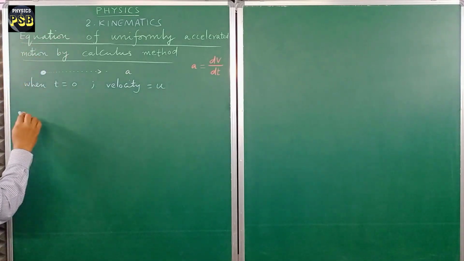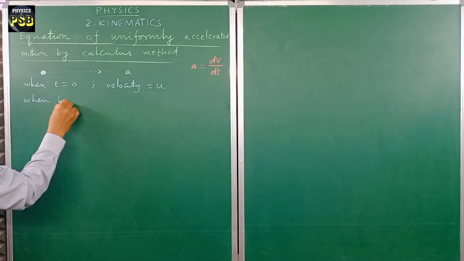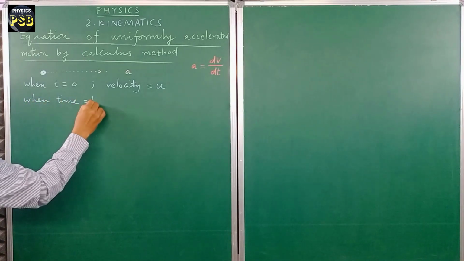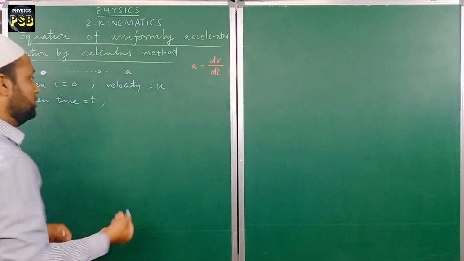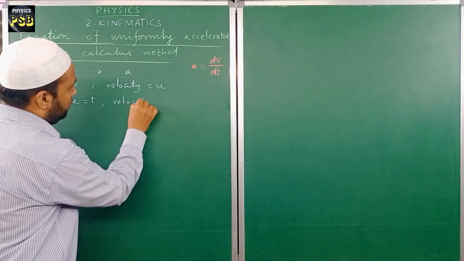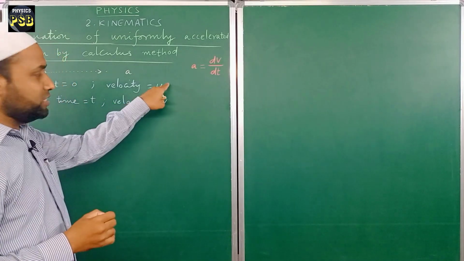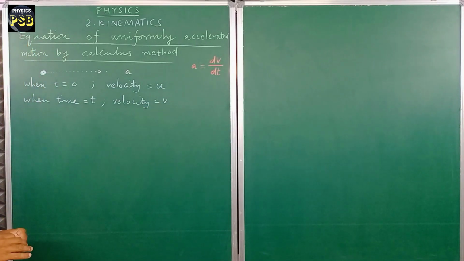When the time is taken to be equal to t, the velocity, which is the final velocity, is represented by the term v. So here u is the initial velocity and v is the final velocity. Got it? Now we'll go ahead.